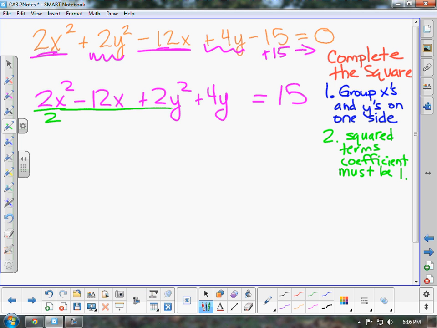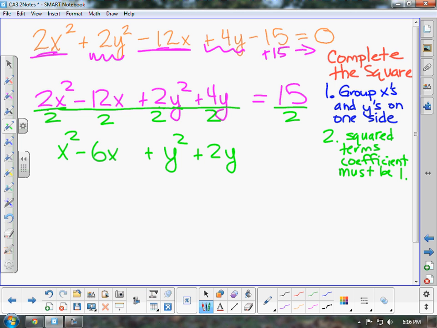And if we're going to divide that by 2, we have to divide everything on this side by 2 as well. And we also have to divide the other side by 2, because if you do something to one side, you must do it to the other. And the other thing about this is both squared terms should have the same coefficient. It's not a circle if it's not that way. So when we divide this by 2, you would get x squared minus 6x plus y squared plus 2y equals 15 over 2.